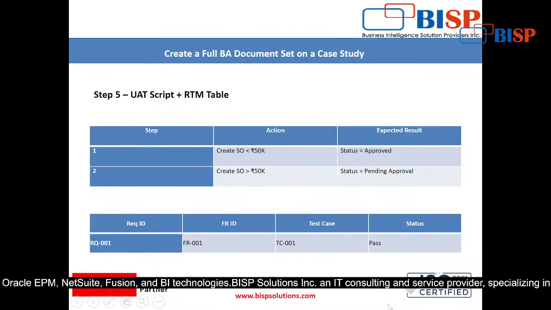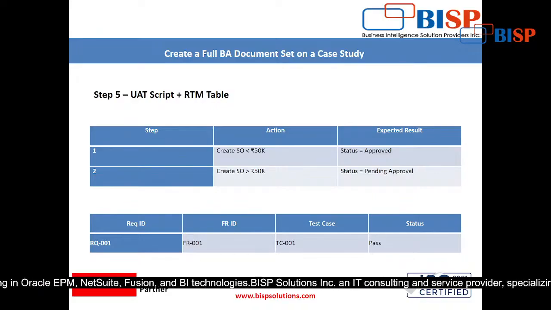Now see, UAT and RTM table, requirement traceability matrix. As you know, we have already discussed one whole session on it: what is the requirement, how much is done, and what is remaining, who will be doing this process completely, right? Now here you will see the UAT script, step 1, action and expected result.